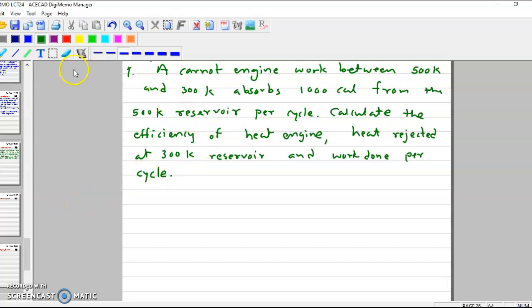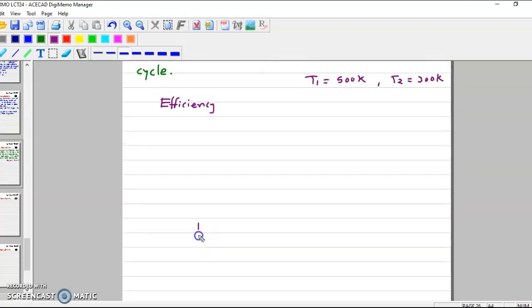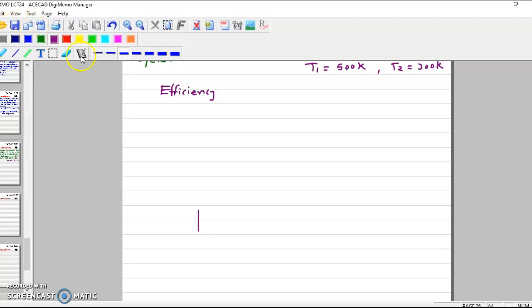What you are given: T1 is 500 Kelvin, T2 is 300 Kelvin. Efficiency eta is equal to (T1 minus T2) upon T1, which is (500 minus 300) upon 500.